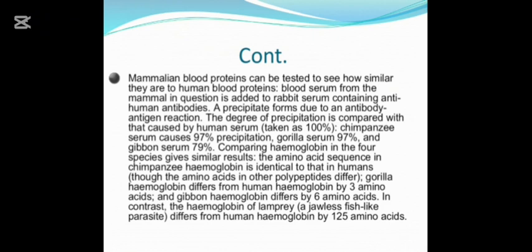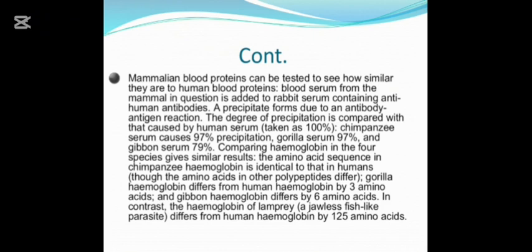Comparing the hemoglobin in the four species gives similar results. The amino acid sequence in chimpanzee hemoglobin is identical to that of humans, though the amino acids in other polypeptides differ. Gorilla hemoglobin differs from human hemoglobin by 3 amino acids. The gibbon hemoglobin differs by 6 amino acids.